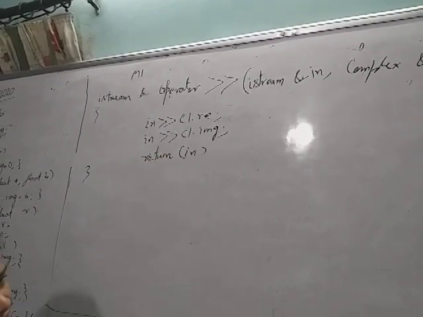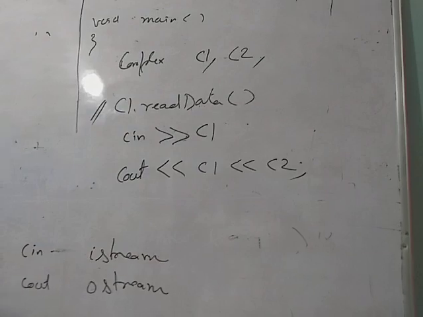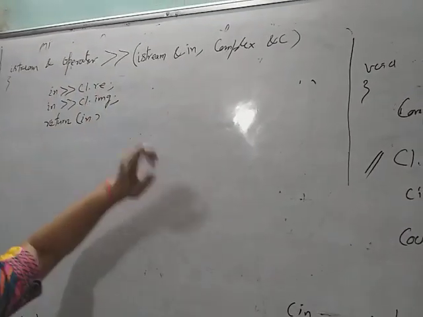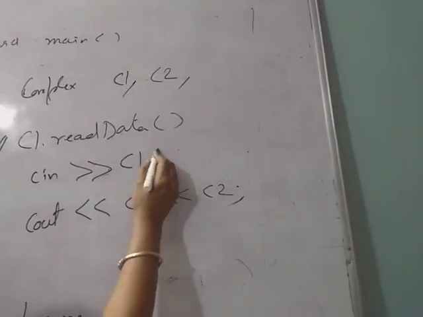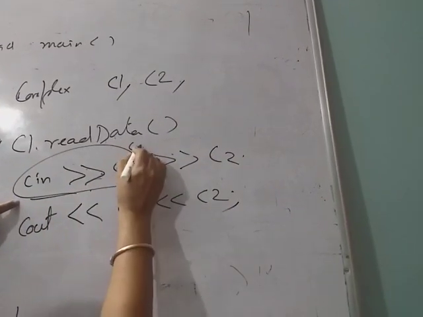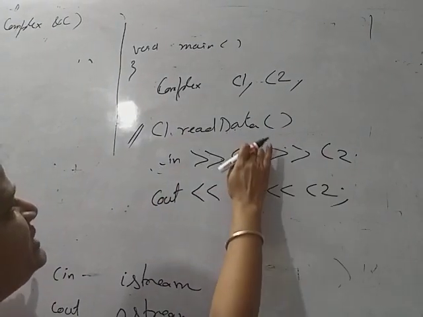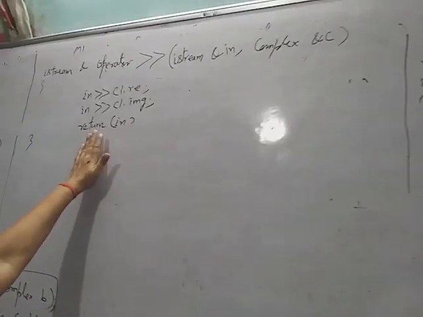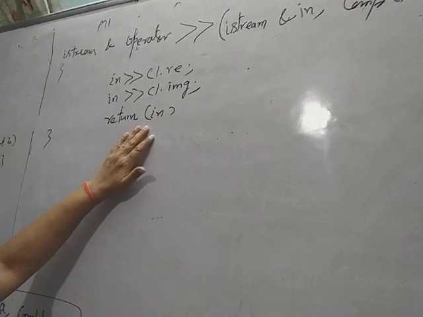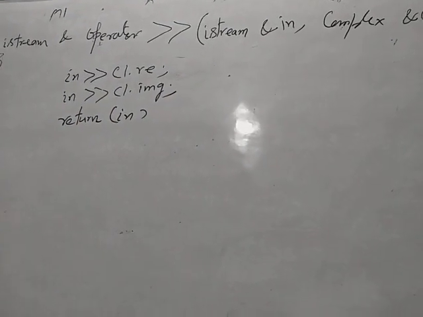Okay, now see why returning is needed. Suppose if I write only cin >> C1 and the return type is void, then it works. But if I am writing another concatenation way, cin >> C1 >> C2, then after reading this, again the reference of cin is required. So to work in both the cases, we simply return the reference to the object of the istream class.